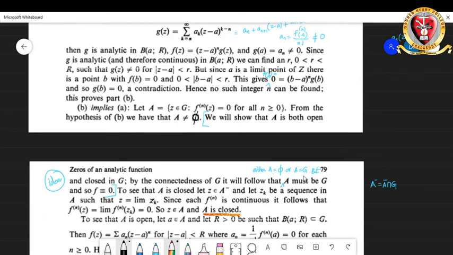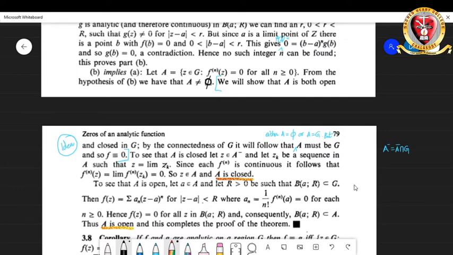That means A should be G. So when A is equal to G, our conclusion is done. That becomes f is identically equal to 0, because every nth derivative is 0 for every point inside. So that means f is identically equal to 0. That's how we arrive there.